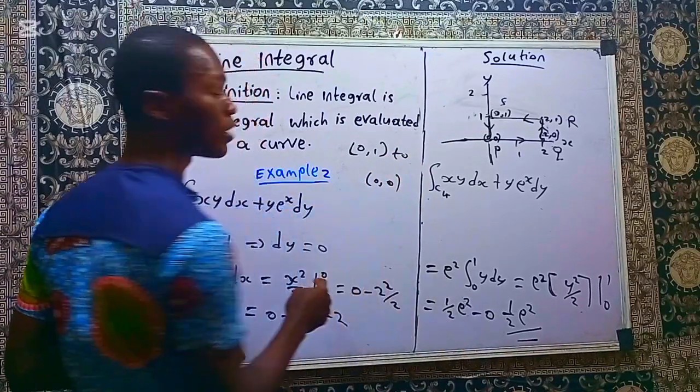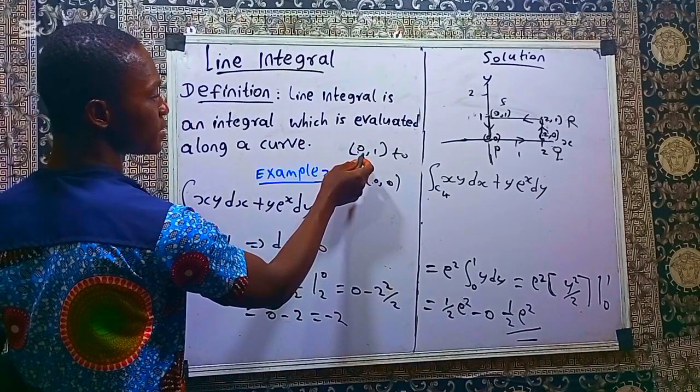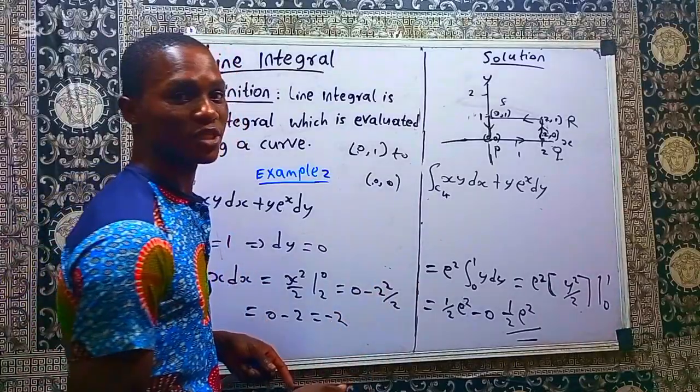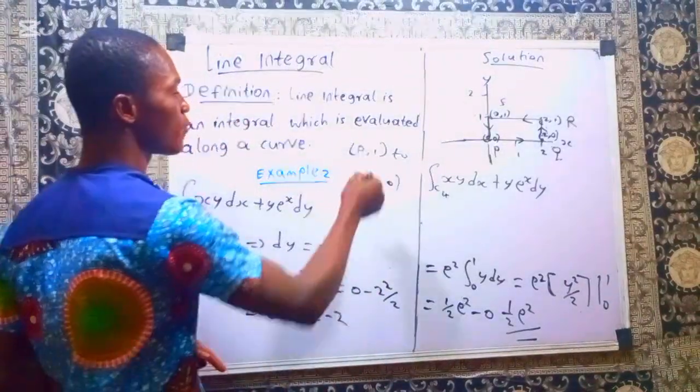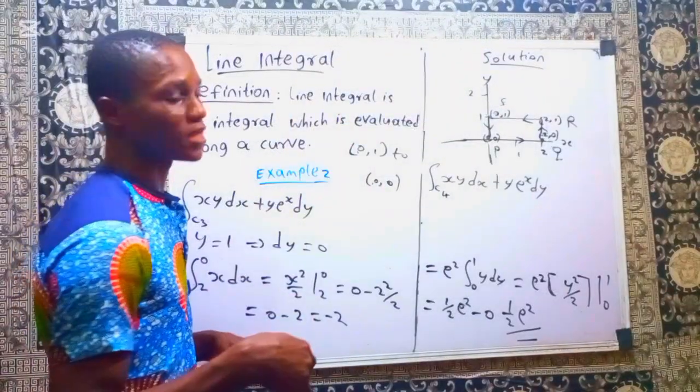What do you notice here? X is fixed. X is 0, so anywhere you see X, you put 0. Y changed from 0 to 1, so we are going to integrate over the range of Y.